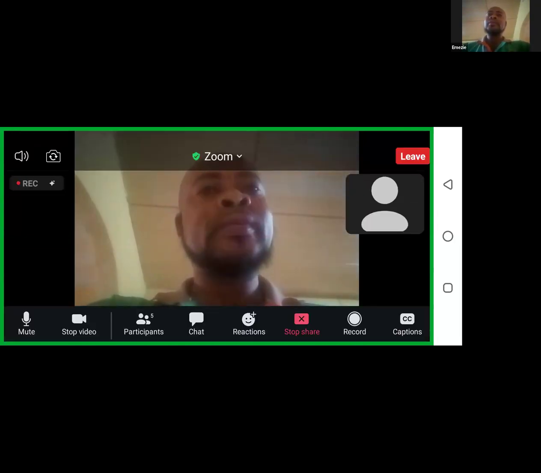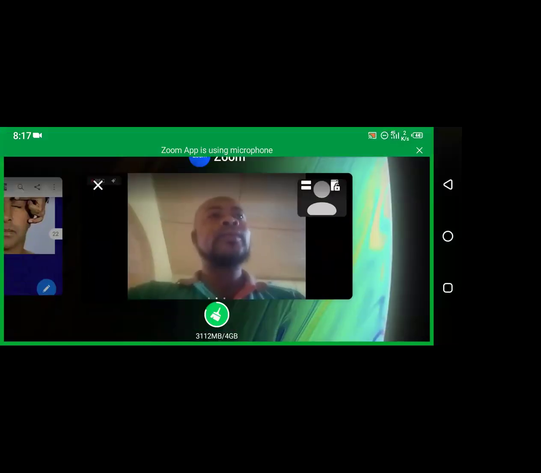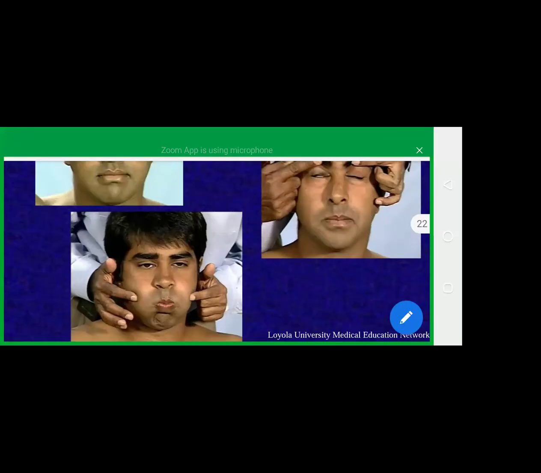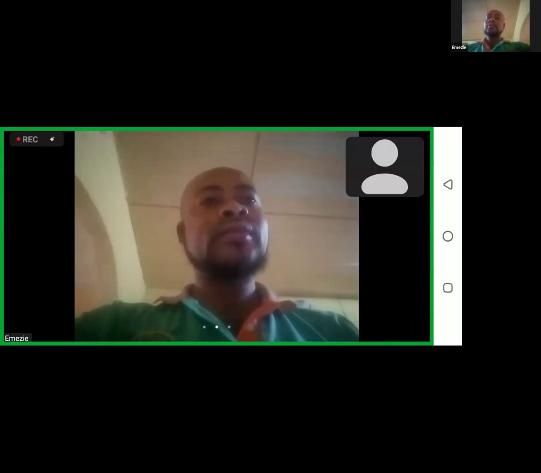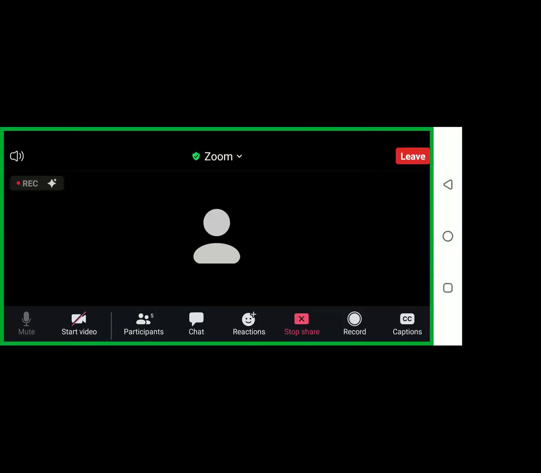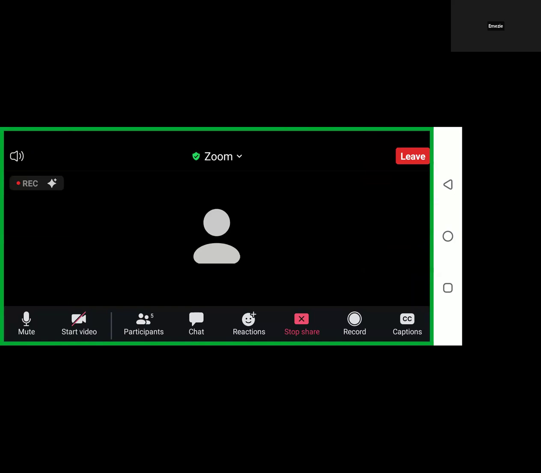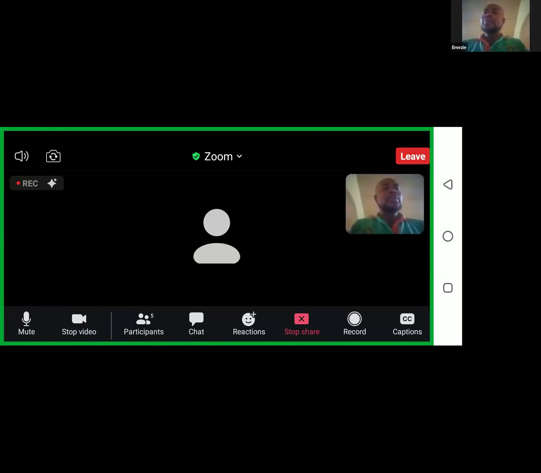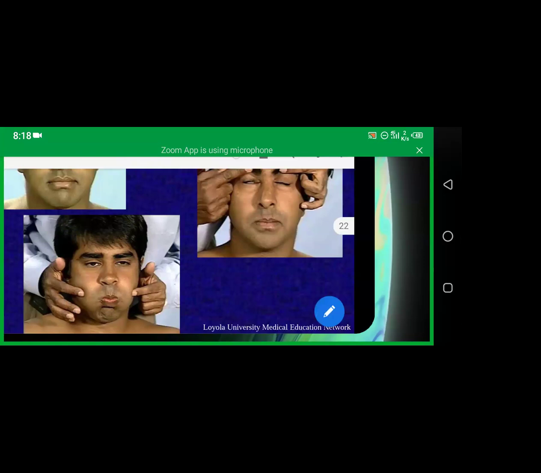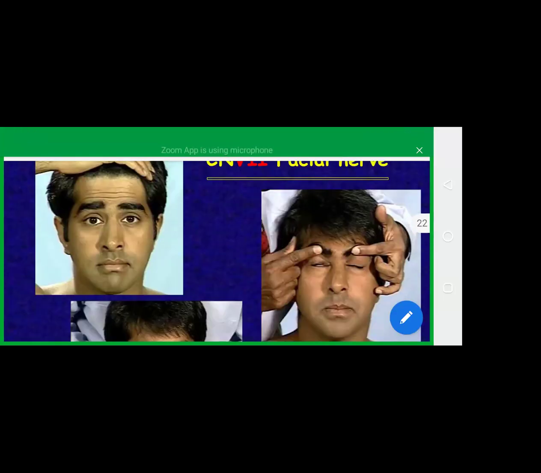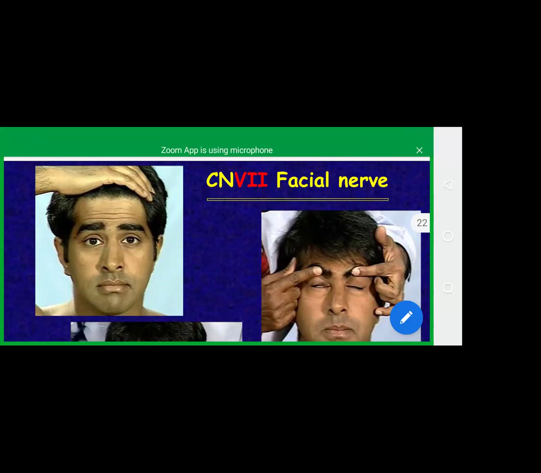In the first image by the right, I told the patient to try to look up.